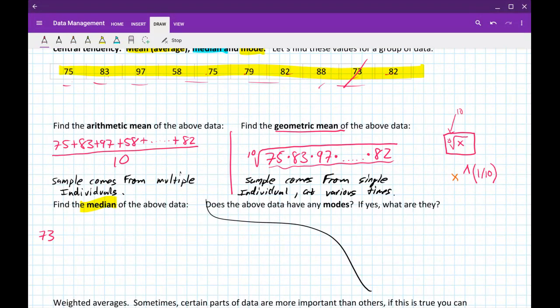And then the next lowest number is 75. And then we've got another 75. Oh, shoot, there's 58 right there. I messed up. So I got 58, 73, 75, 75. Let's see, what else are we looking at here? We got a 79.